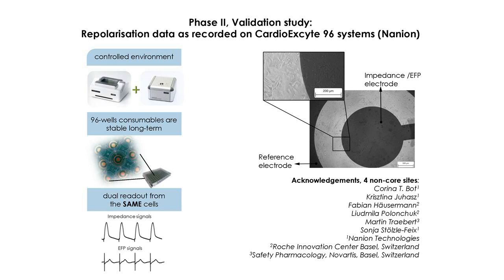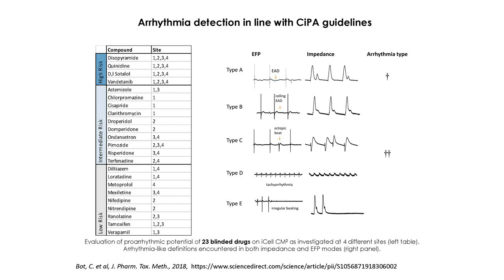This is the set of compounds we received, and you see that different sites did receive a different combination of compounds, but for example, the high-risk compounds were tested at all 4 sites.